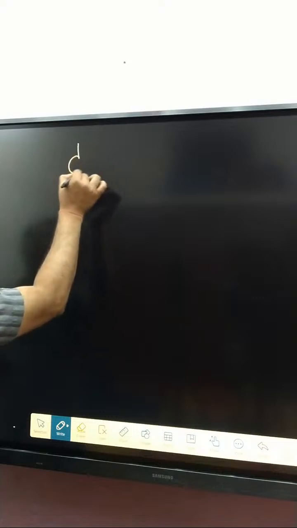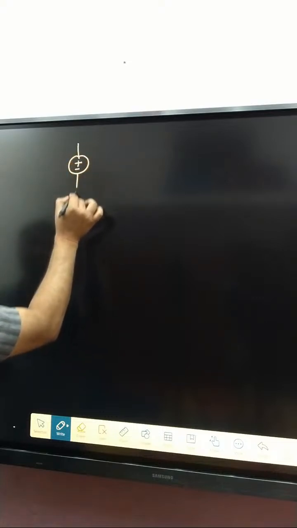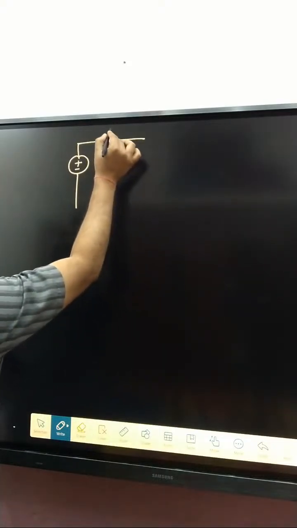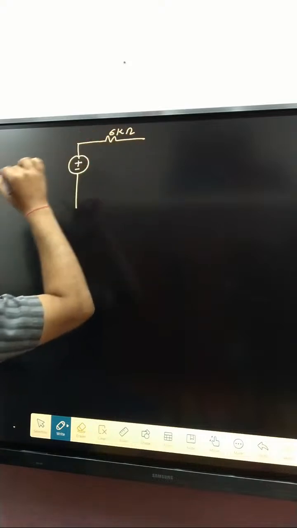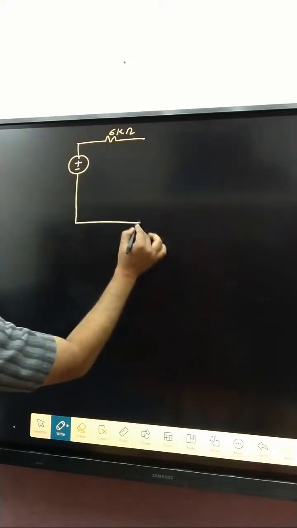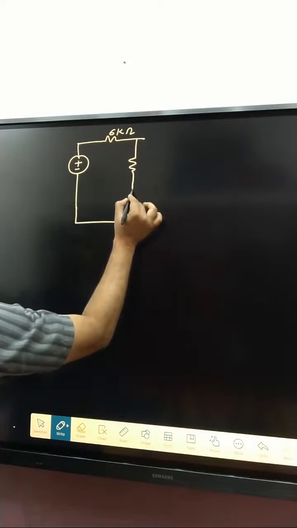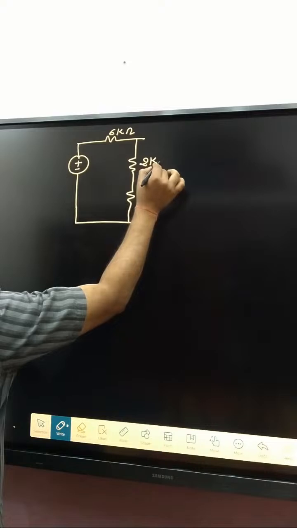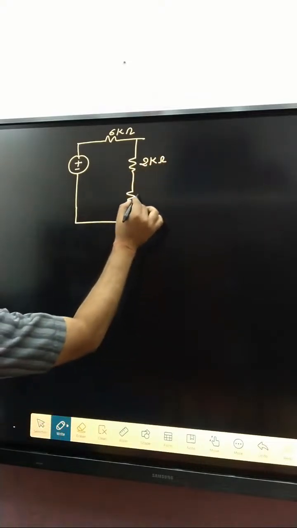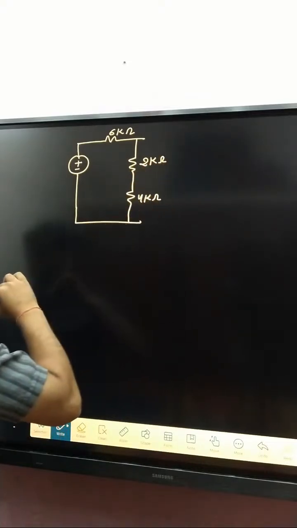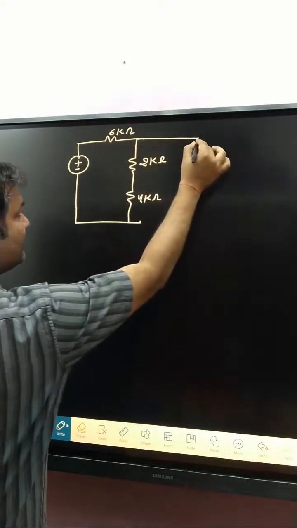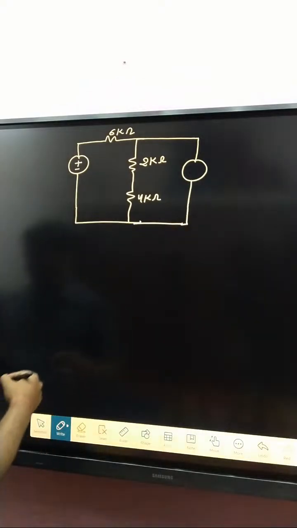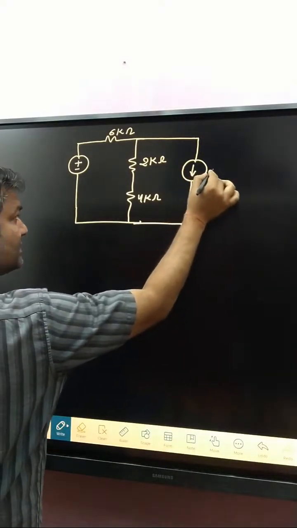That one is a voltage source, plus minus. And that one is a 6 kilo ohm resistance connected here, and that one is plus 2 resistance. This one is 2 kilo ohm and that one is 4 kilo ohm given. And here the given current source is 8 milliampere.